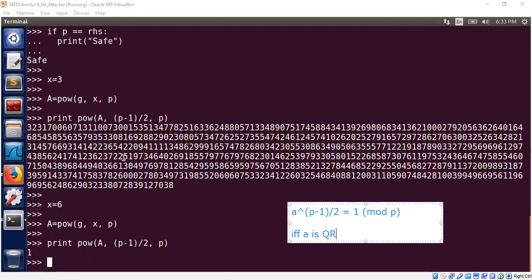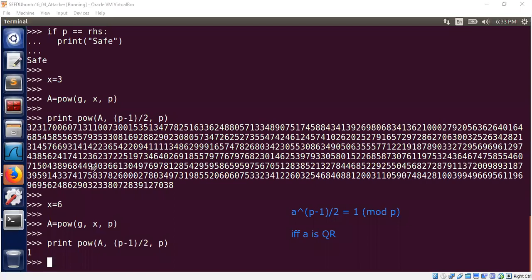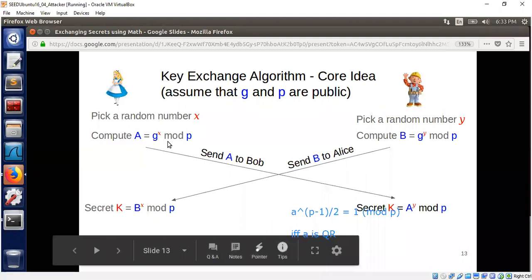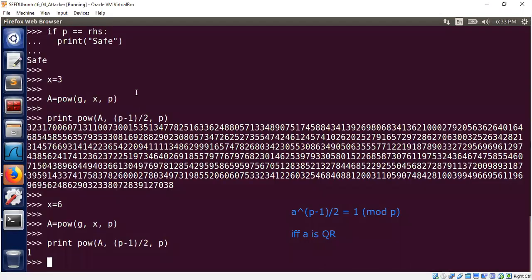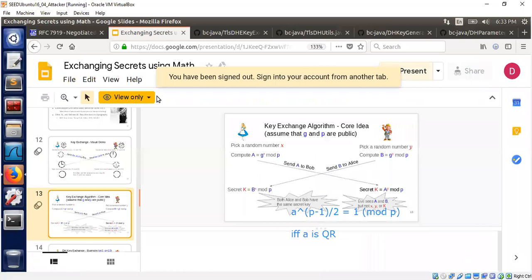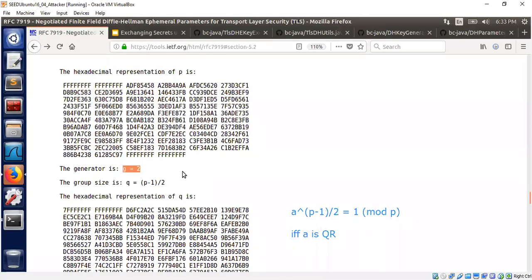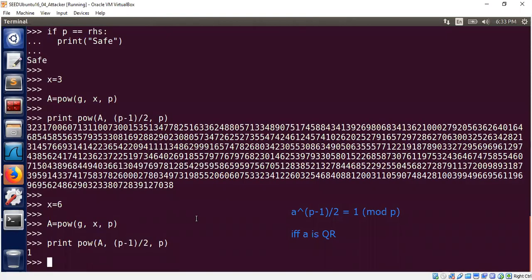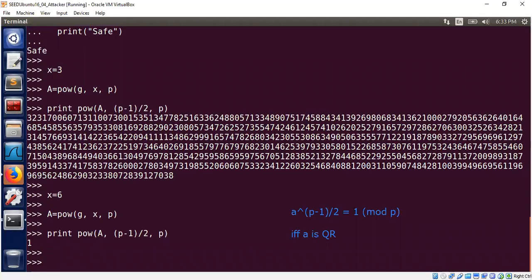Okay, which means going back to the RFC, we can see that the reason they have chosen G equal to 2 is that it generates the subgroup of order Q, one of the reasons. There are other reasons as well. And we have seen that choosing G equal to 2 actually hides the least significant bit. I will confirm that quickly.